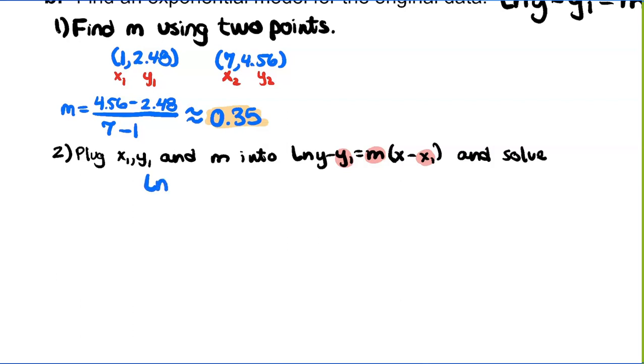I'll have the natural log of y minus my y1, 2.48, equals 0.35 times (x minus 1). I should add in: solve for y. That's specifically what I'm solving for. So I need to get that natural log of y by itself because I'm going to need to exponentiate both sides, right? I'm going to use e to both sides.